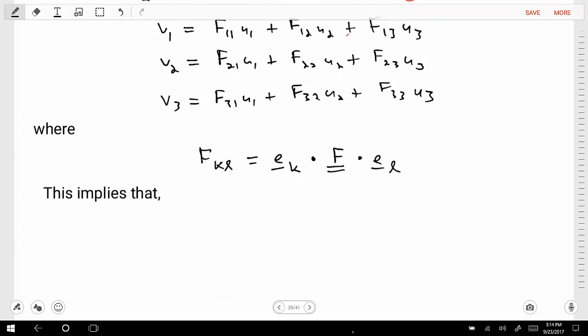And this subsequently implies that our tensor F is simply equal to Fkl, the components of F, times the base vector k and the base vector l.